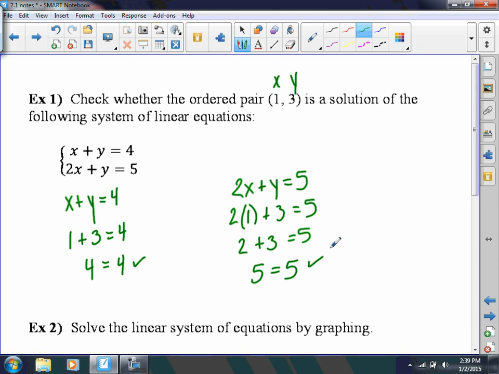Yes, that is a solution for the system because it is a solution for each equation. That means if I solved the top equation for y and graphed it, and solved the bottom equation for y and graphed it, these lines would cross or intersect at the ordered pair (1, 3). So that's what we're going to be finding.